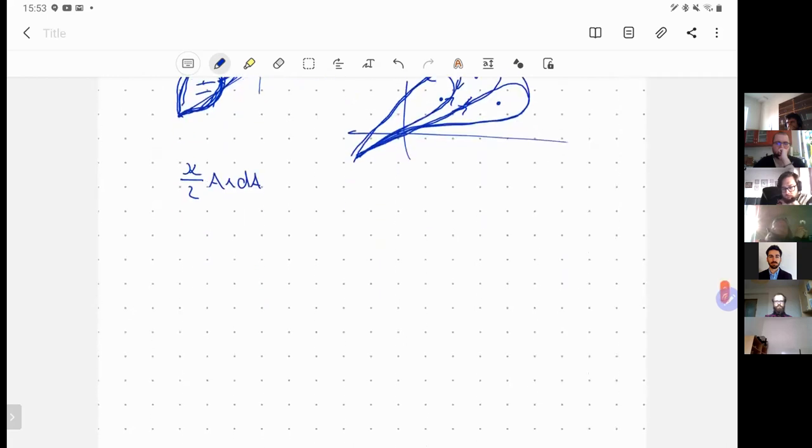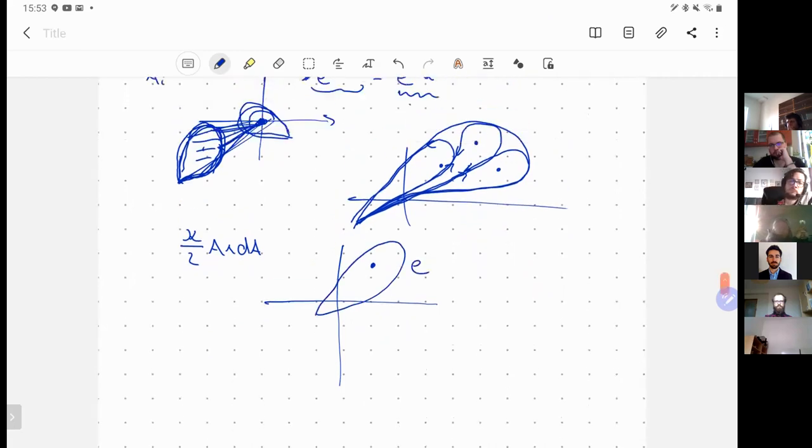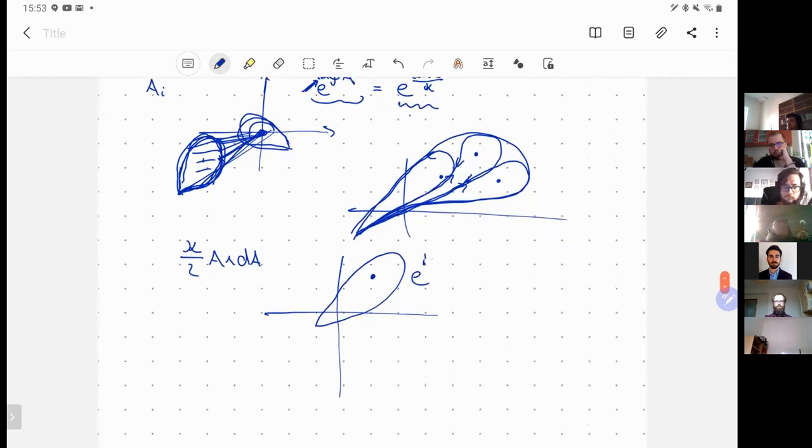But you can notice another interesting thing. If I go around once, I'm going to generate this e^{i m e kappa}, but I can go around as many times as I want, right?